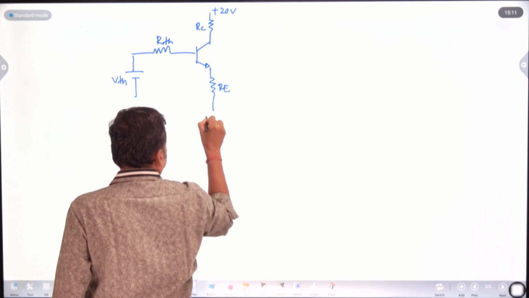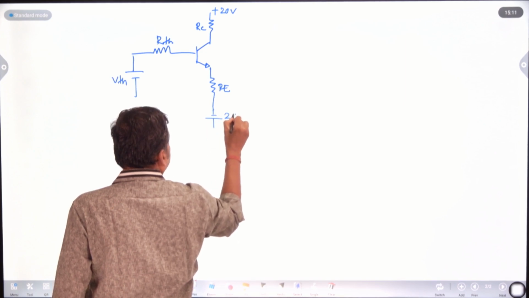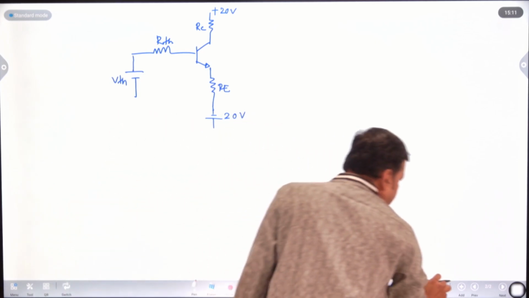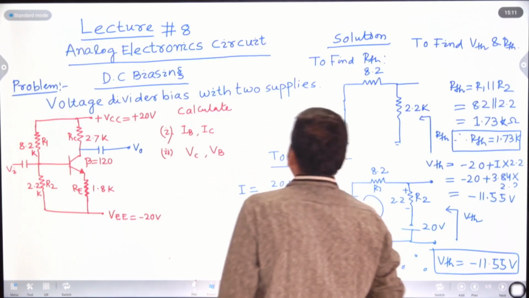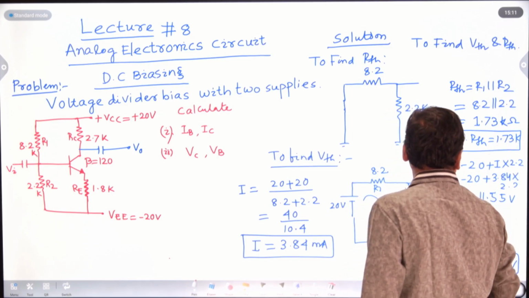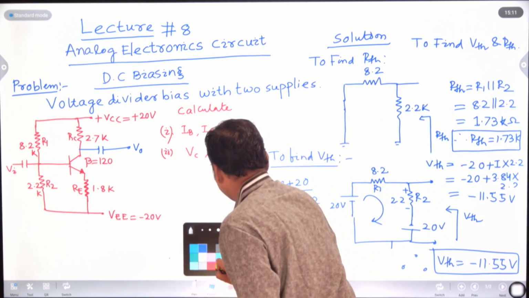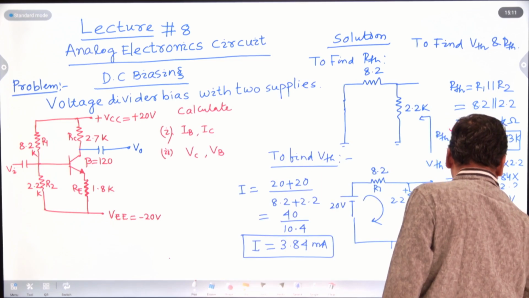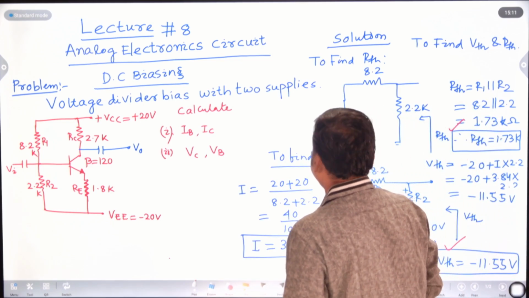Minus 20 volt. This is your plus terminal and this is your minus terminal, and this is your 20 volt. And here RTH, we have already calculated RTH. RTH is your 1.73 and VTH is your minus 11.55.